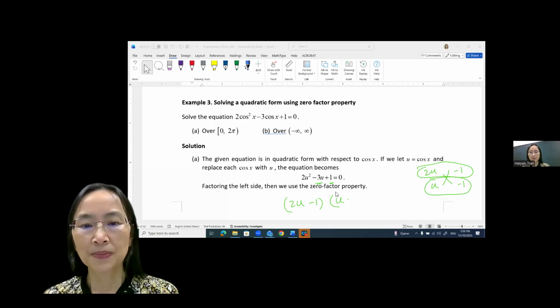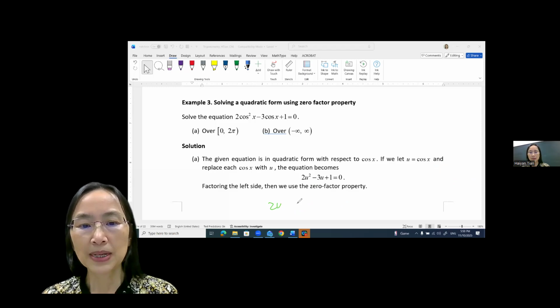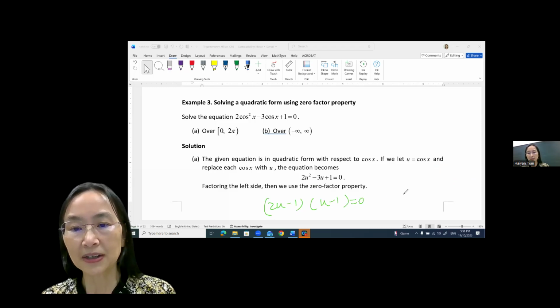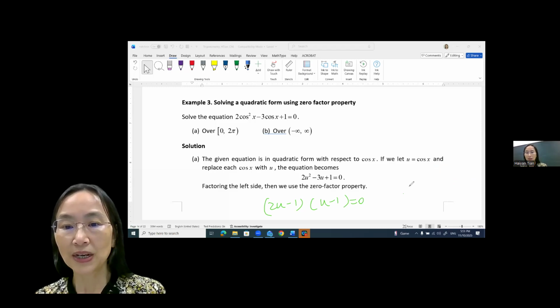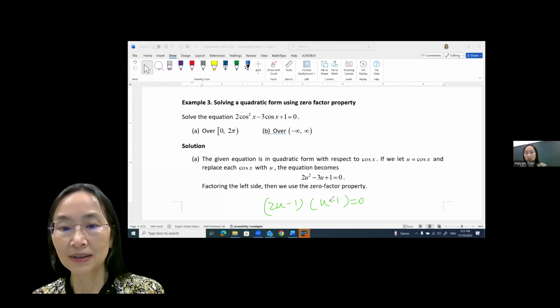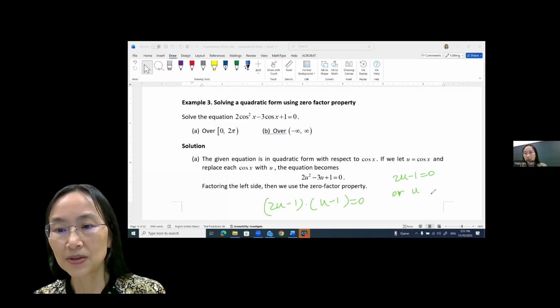So let's write 2u minus 1 times u minus 1. After we factor it, then we know by the zero factor property, either 2u minus 1 is 0 or the other factor, u minus 1 is 0. Then we can solve.